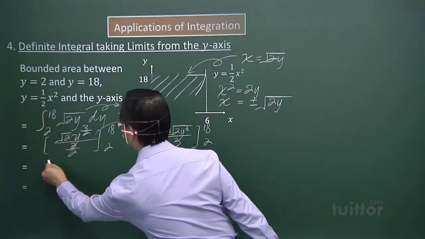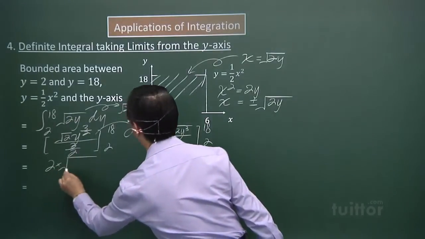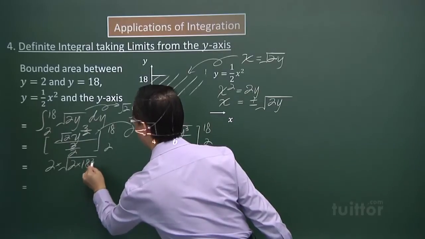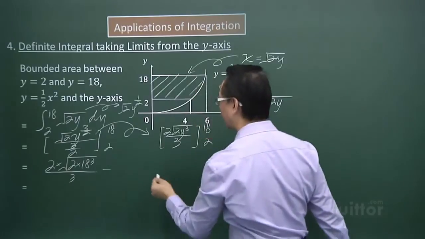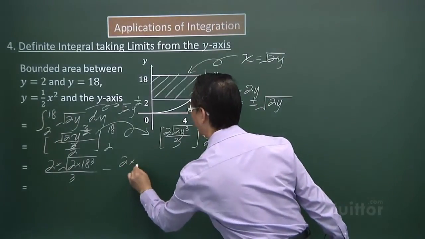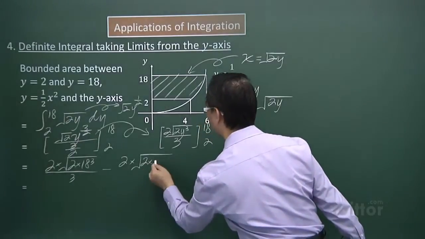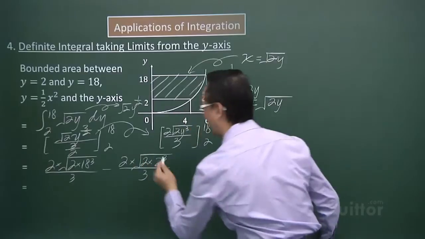So first, 2 times square root of 2 times 18 cubed over 3 minus 2 times square root of 2 times 2 cubed over 3.